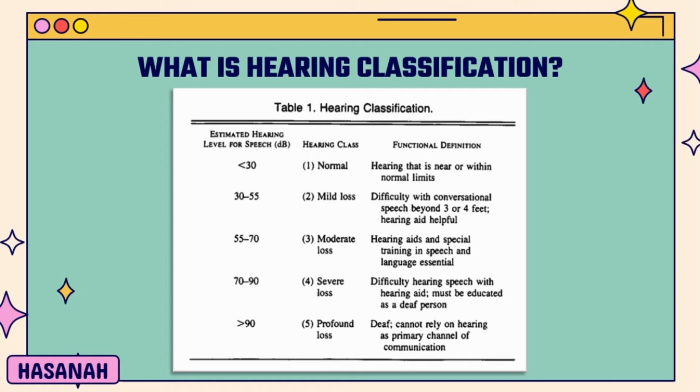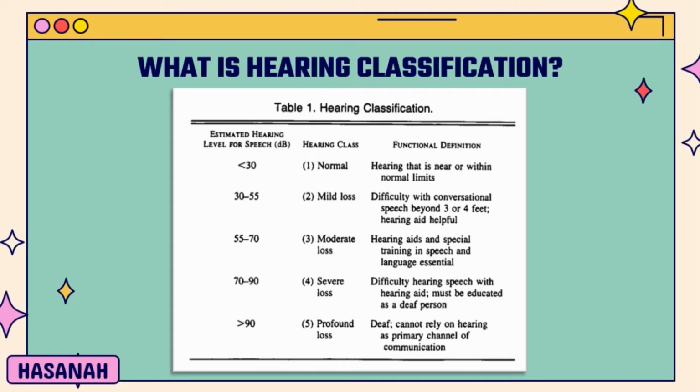A person in this category will face difficulty hearing speech even with hearing aids, and they must be educated as a deaf person, which means they need to learn sign language.